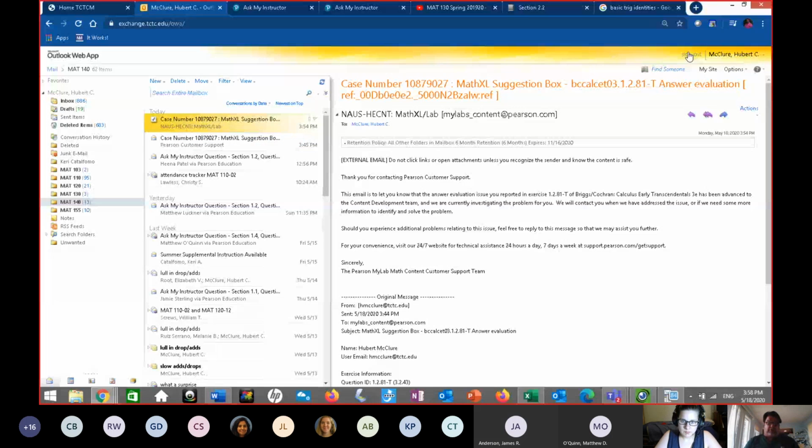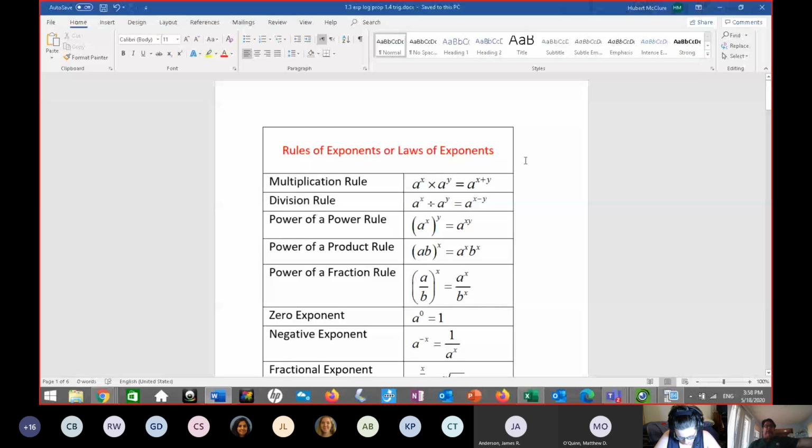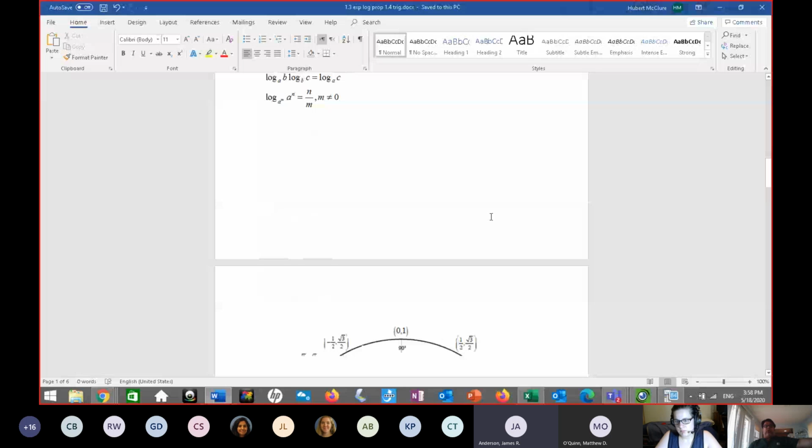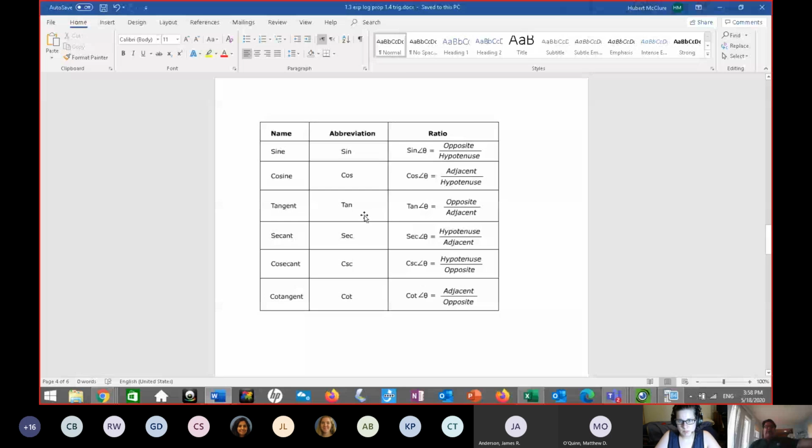All right, I want to move on. Make sure that you got your exponential laws, your logarithmic properties. I put them on all one sheet. Your unit circle, your basic sines and your basic derivatives.